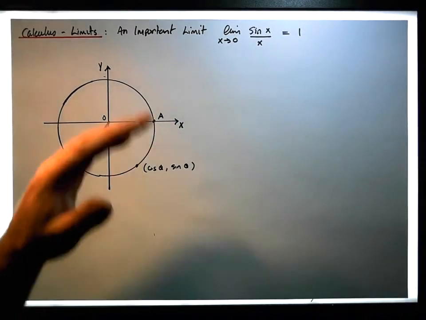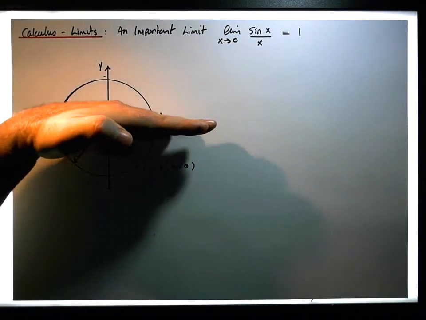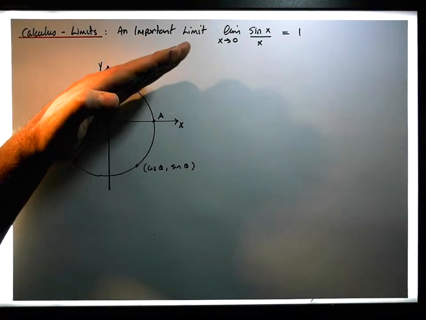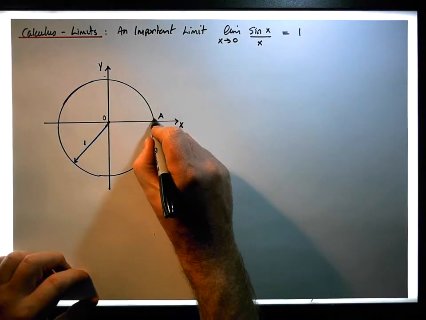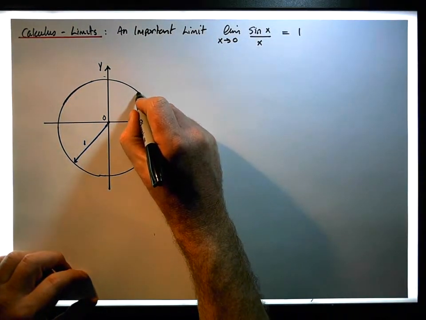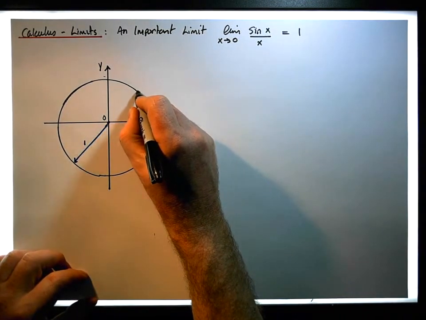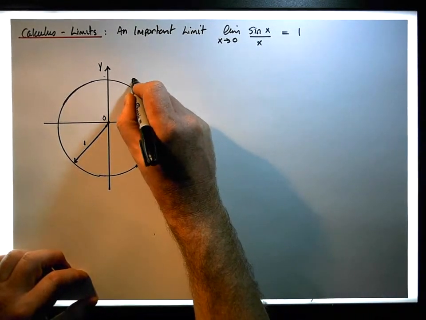We're going to sketch out a sector of the circle, constructing an arc by moving around in this direction to another point. Let's do it up here, and call this point B.